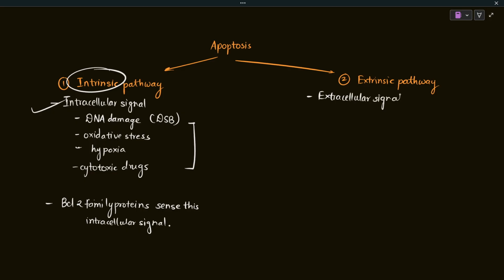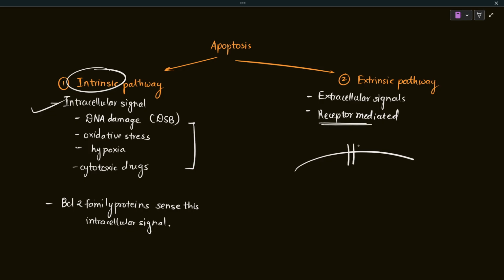The extracellular signals that come from the cells which are like the neighboring cells. So they are the receptor mediated pathways. So unlike intrinsic pathway where the inner damage, the damage that has been done inside the cell, is sensed by some proteins, in the extrinsic pathway there are some receptors on the cell.